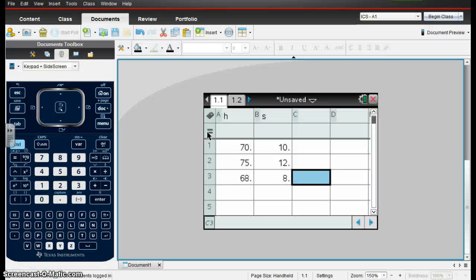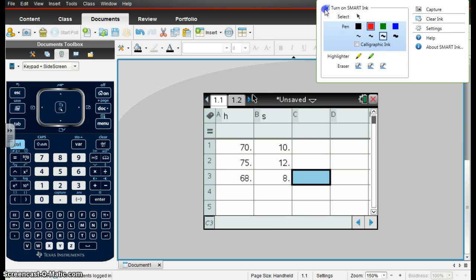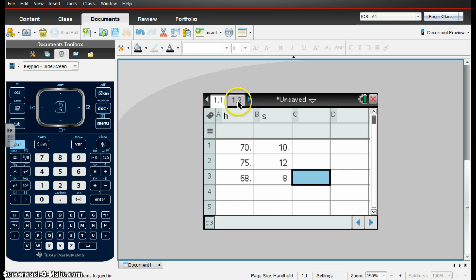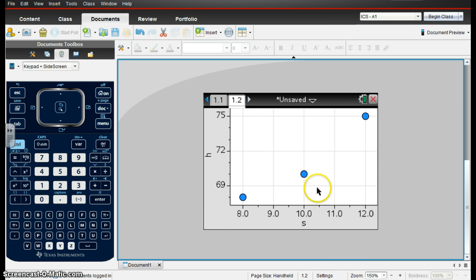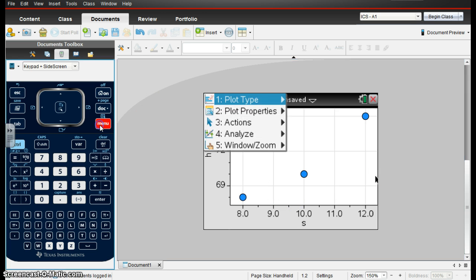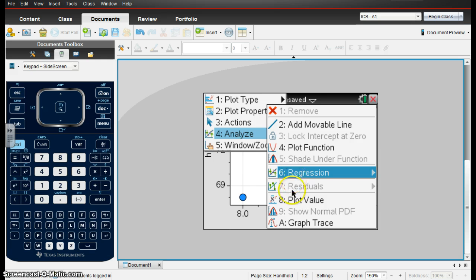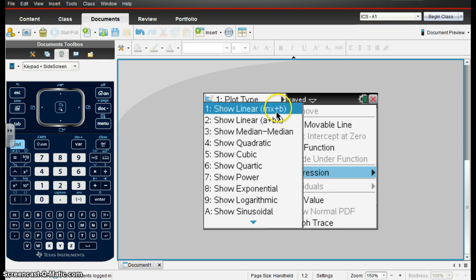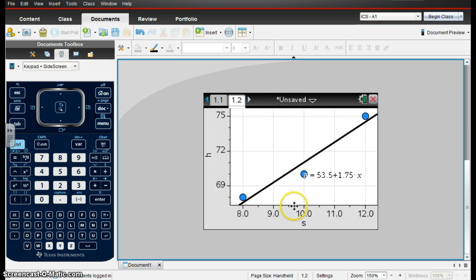Okay, I've gone on ahead and put our data set into the Navigator system, and I have created the data points and the graph. I'm now going to go ahead and choose analyze graph, regression, and regression equals a plus bx. So I get 53.5 and 1.75x.